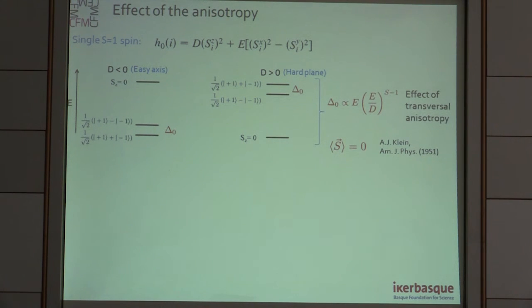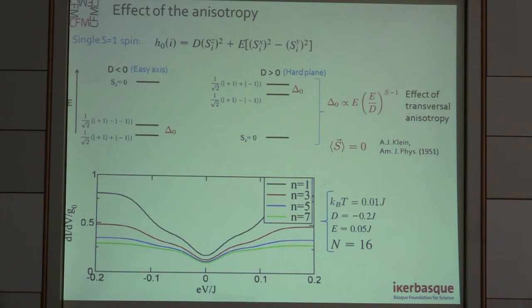In addition, one also can have the transverse magnetic anisotropy that, as has been discussed these days, introduces quantum spin tunneling that leads to a 0 expectation value of the magnetic moment, since a bonding-antibonding combination is formed.